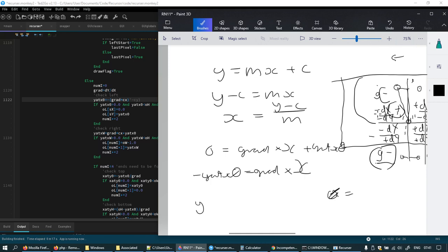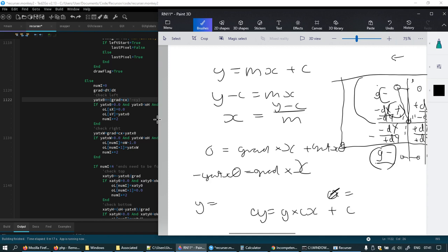The only thing I know is I don't know c. Okay, right. I have to find c using my two knowns. So I have cy equals grad times cx plus c.